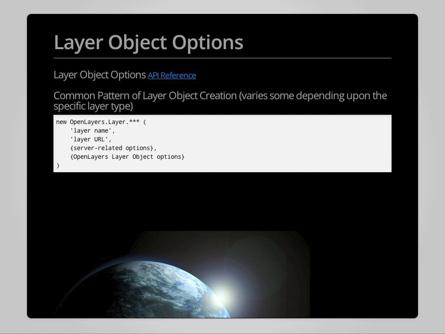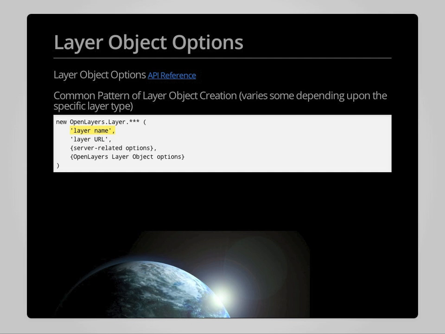The typical pattern for layer object creation, which does vary from layer type to layer type, but this is an overall pattern that is fairly common, is really 4 elements that you are providing to the layer creation function. The first is nearly always the name of the layer.